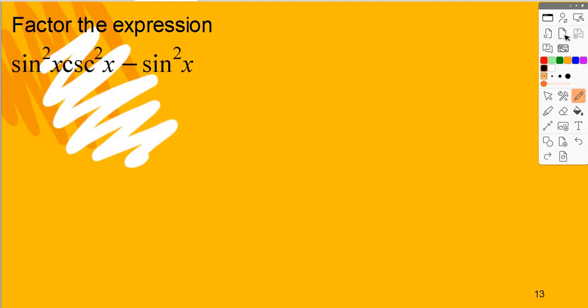This one says to factor, and I'm gonna say factor and simplify this time. So I don't have a trinomial this time. But can I still factor?